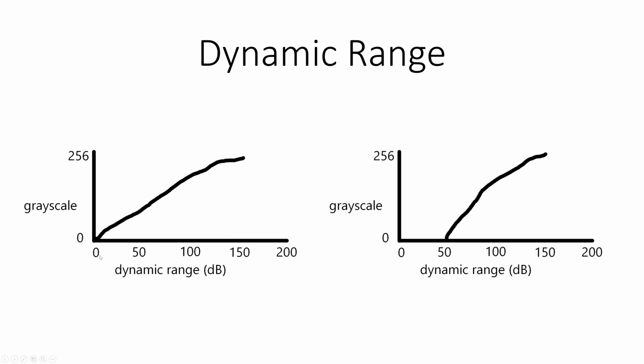And the bigger dynamic range curve is going to include a bigger spectrum of sound intensities in the scale, the shades of gray that are displayed on the screen here in the y-axis. The 100 decibel dynamic range curve is more compressed.